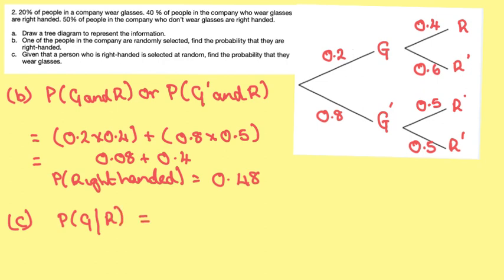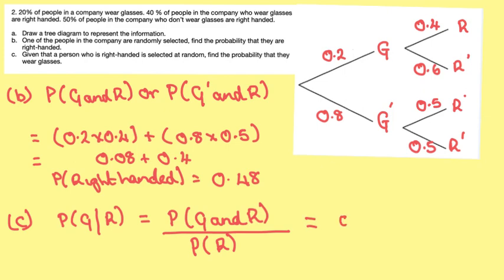Well, this is conditional probability, so we want the probability of both happening, so glasses and right-handed, divided by the condition, which is the probability of right-handed. Well, that is equal to 0.08 divided by 0.48, which is equal to 1/6.